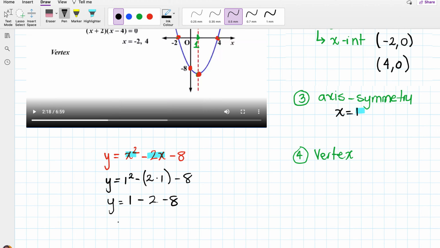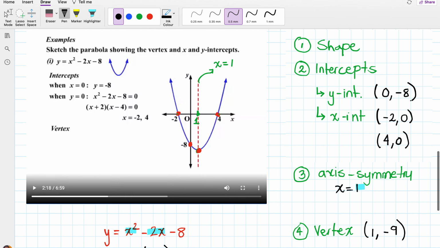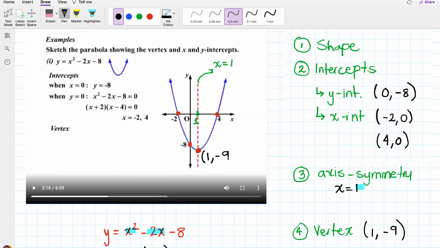And then I have that this is equal to 1 take away 2 is negative 1, take away 8 is going to be equal to negative 9. So my turning point is what, girls? Is 1, negative 9. Write always your data in coordinate points. So this point is going to be 1, negative 9.